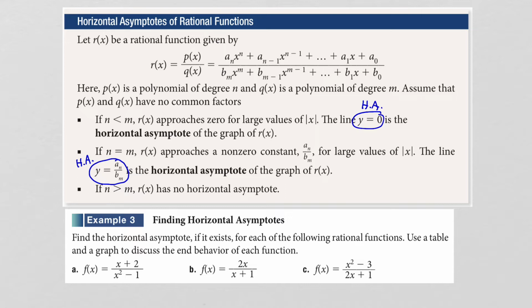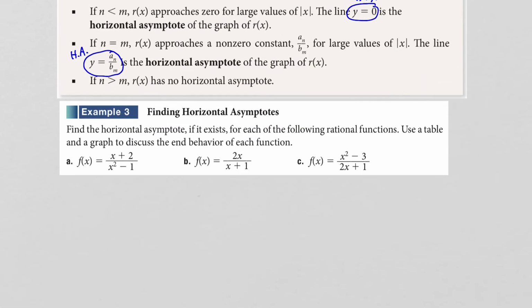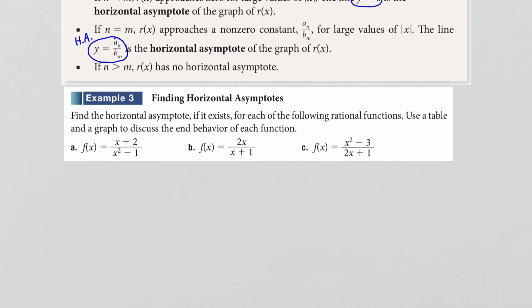All they're saying is that when this degree here and this degree here are the same, then the horizontal asymptote is going to be y equals the leading coefficient of the numerator divided by the leading coefficient of the denominator. And finally, if the degree of the numerator is larger than the degree of the denominator, then the function has no horizontal asymptote. And we have some examples down below here that should help clarify what we said above there.